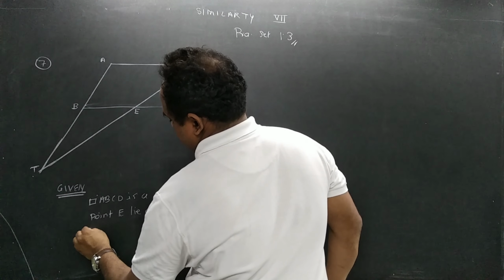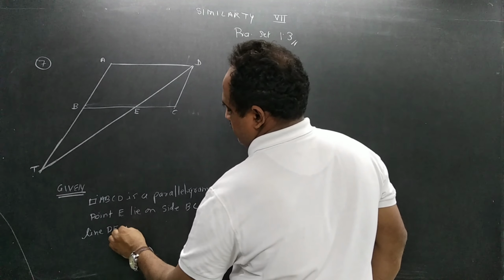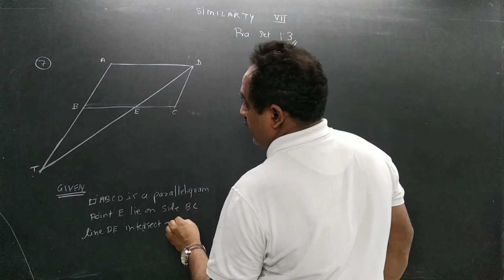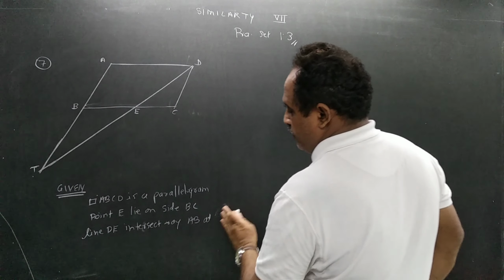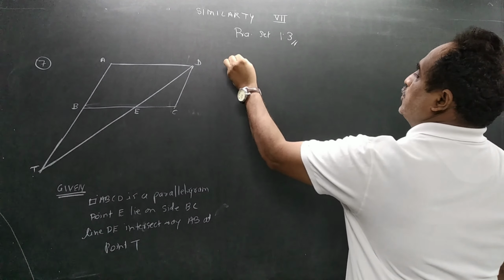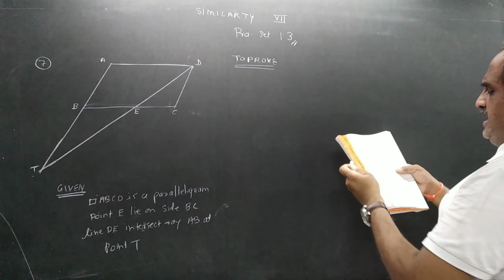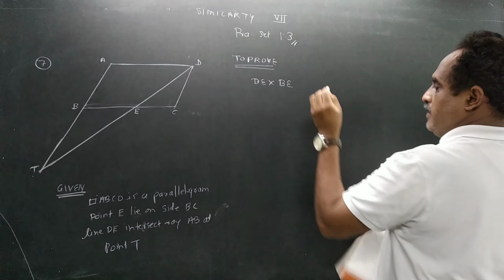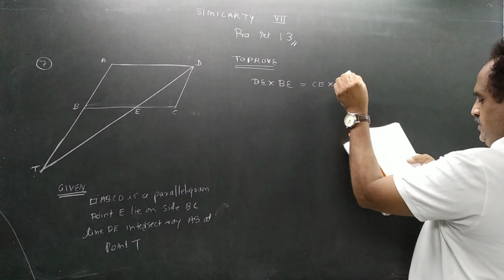Line DE intersects ray AB at point T, and they are asked to prove DE into BE is equal to CE into TE.